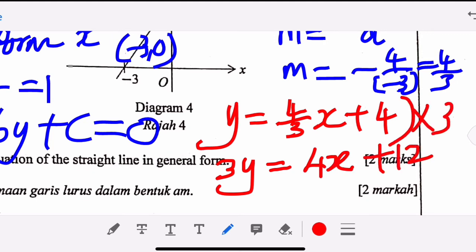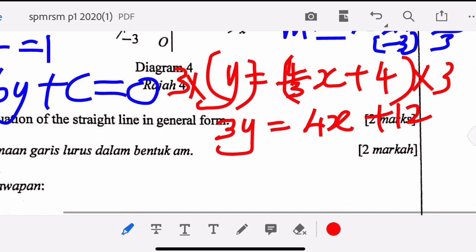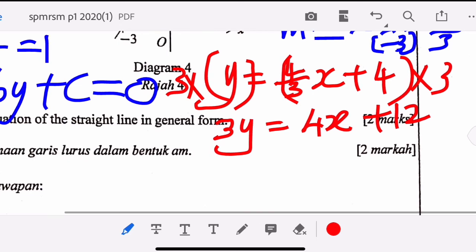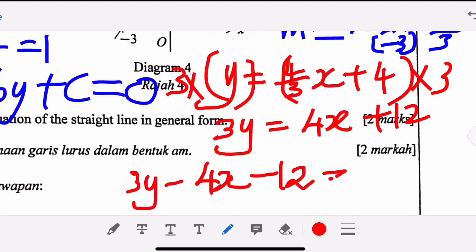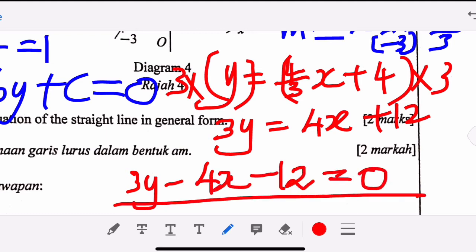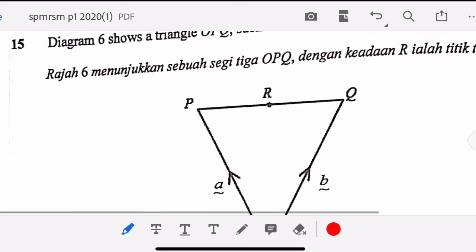Alright, so then I shift all the terms to one side. It becomes 3y minus 4x minus 12 equal to 0. This is so-called general form. Alright, so we have solved number 14.